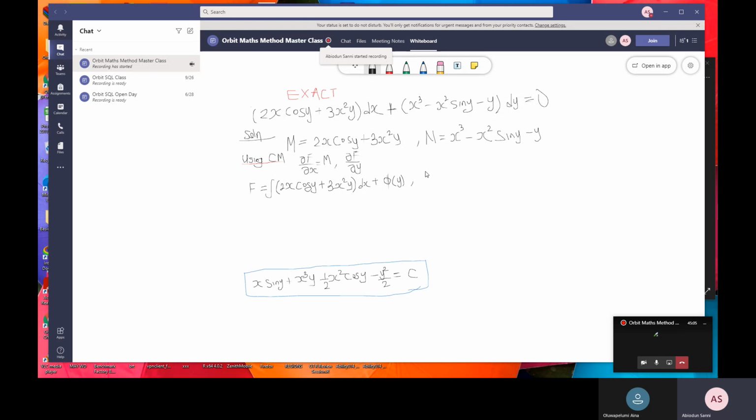So if I have this, I can now proceed to say, okay, my f is now equal to what? So integrate 2x cos y with respect to x. Anything regarding y is a constant. So I'm going to have x squared cos y, right?